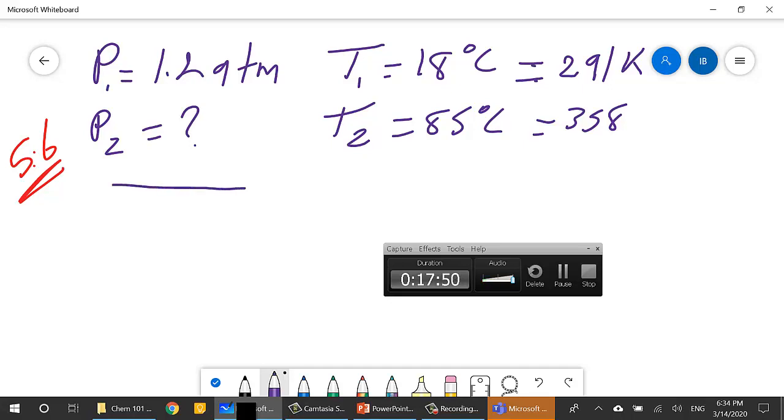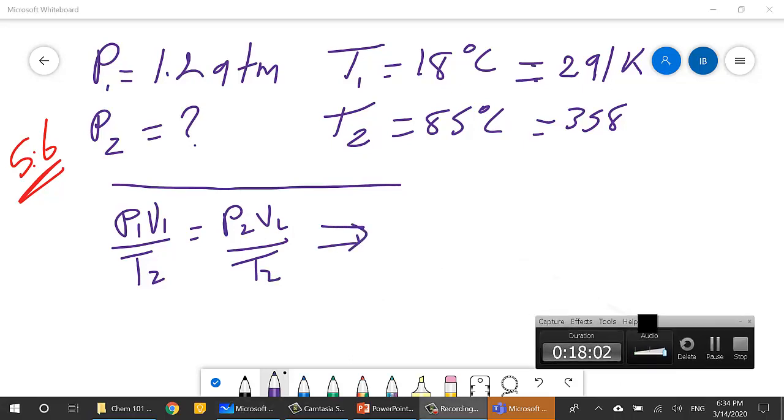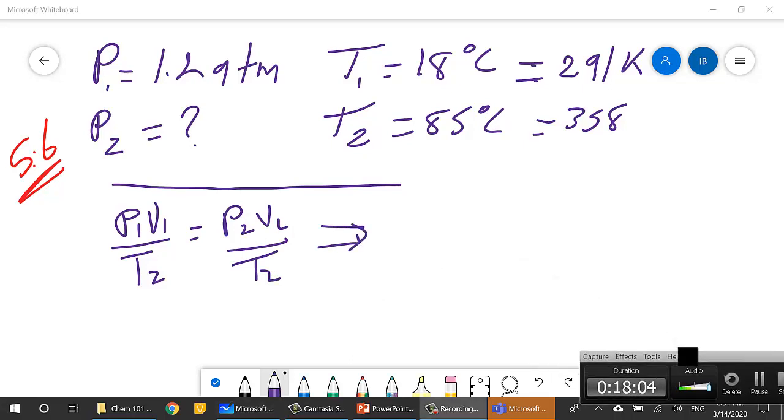So P1 V1 over T1 is equal to P2 V2 over T2. But volume is constant, therefore the volume cancels out, and you have P1 over, did I make a mistake here? This is T1, sorry. P1 over T1 equals P2 over T2.